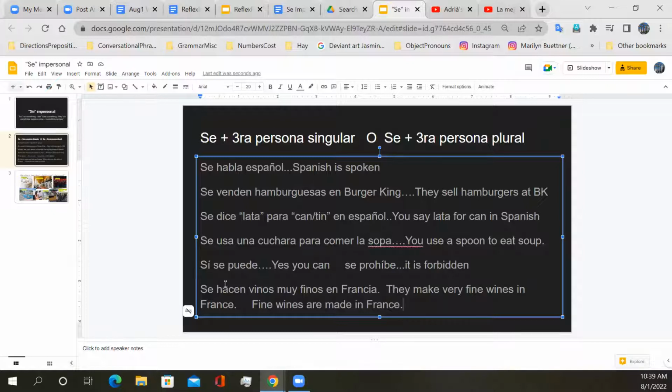The fine wines are made is what we call a passive voice kind of structure. But both of those ideas in English are expressed the exact same way in Spanish, and that's doing this. Se hacen vinos muy finos en Francia. Se hacen needs to be plural with an N at the end because we're talking about vinos, more than one kind of wine. So when vinos is plural, that becomes a plural thing.